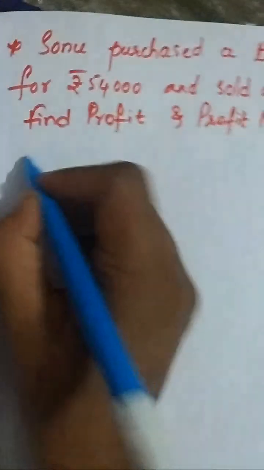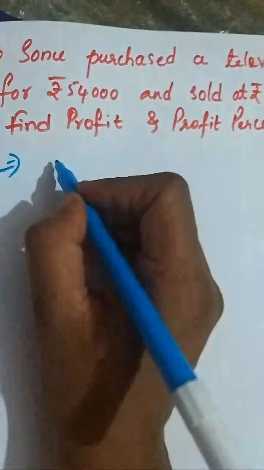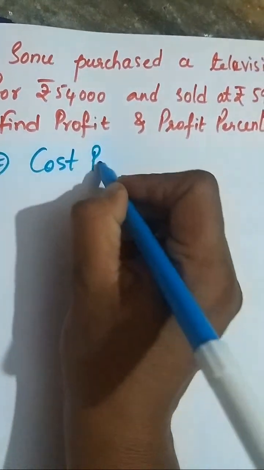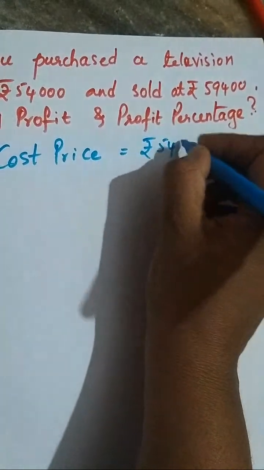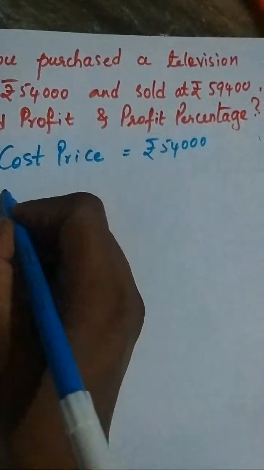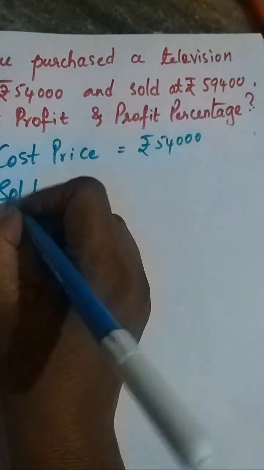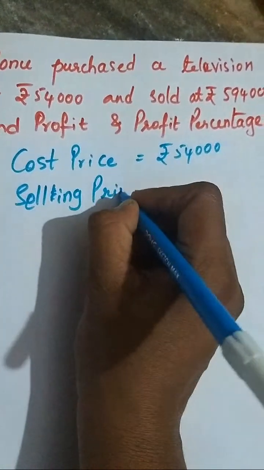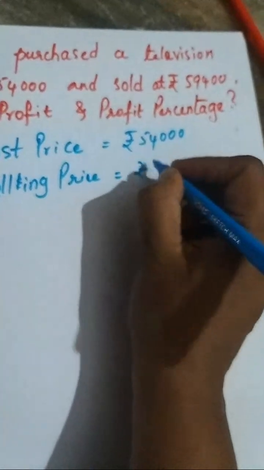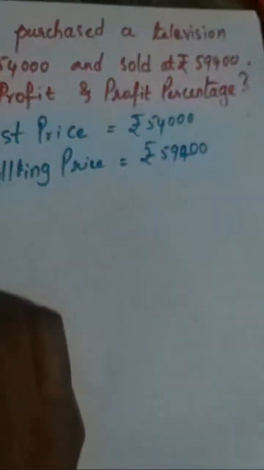Okay, let us do this problem. Take this as the cost price: the cost price is rupees 54,000. Now the selling price, he sold the television at selling price 59,400.